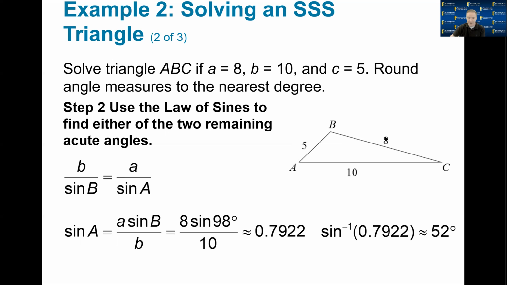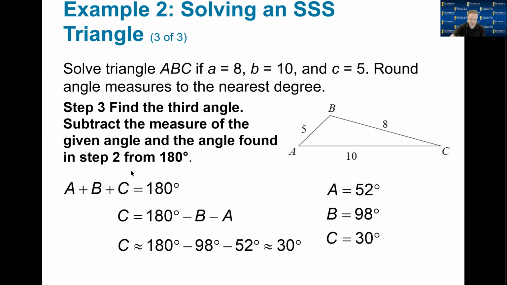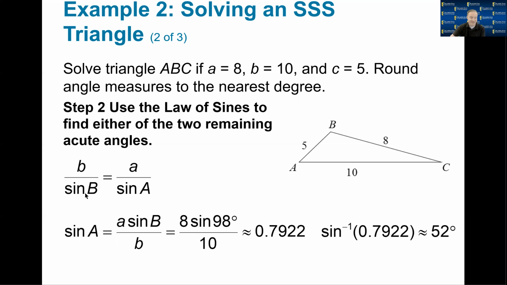Well, a is 8, and the sine of a I could look for. I could cross multiply and get b sine a is equal to a sine b, which means the sine of a is equal to a sine b divided by side b. That's what I have right here.